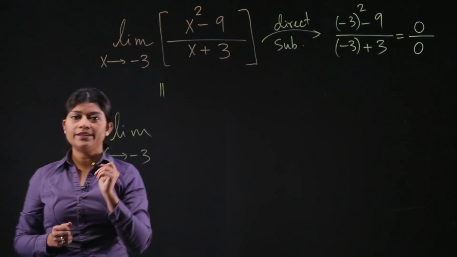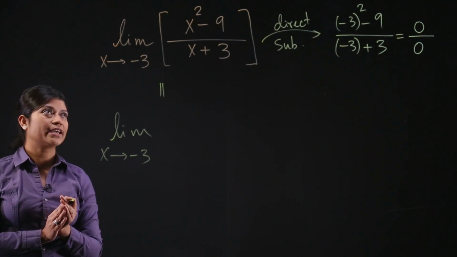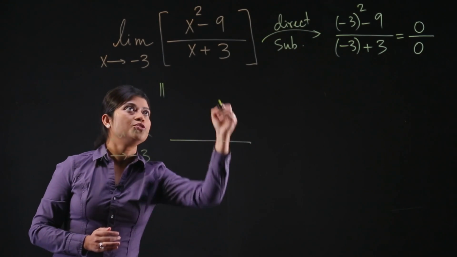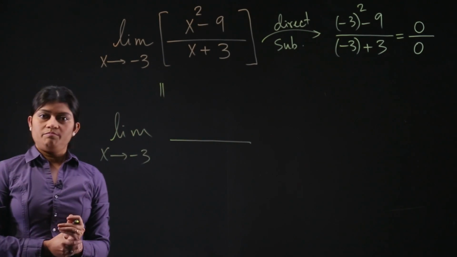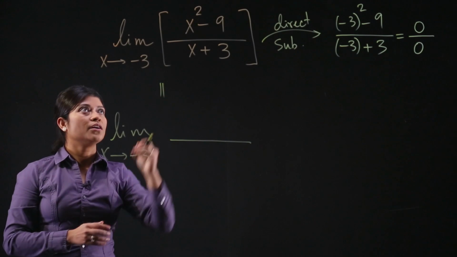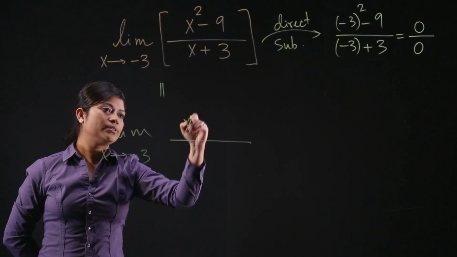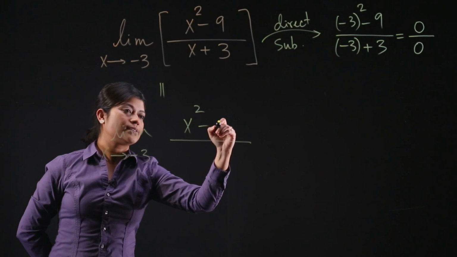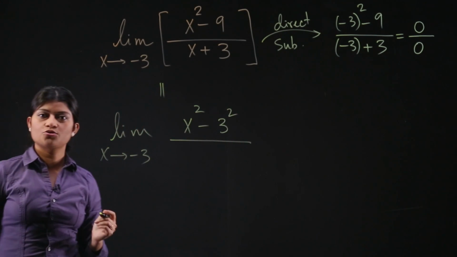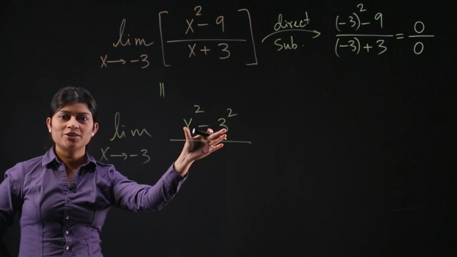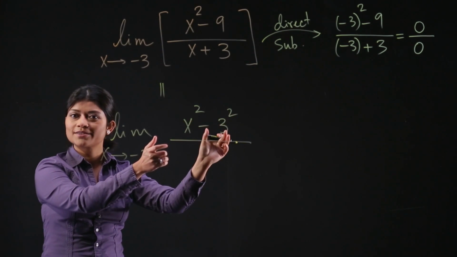So we are evaluating the limit as x approaches -3, and let's see what we can do with the expression in the numerator. Okay, so it is x squared minus 9. You know that 9 is a perfect square as well. It's 3 squared. So this expression is the difference of two squares.